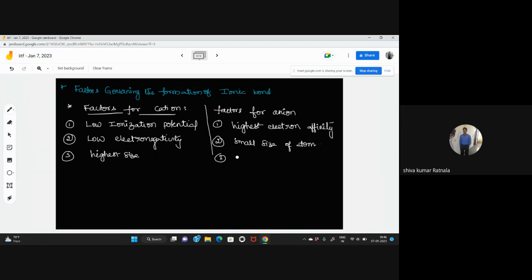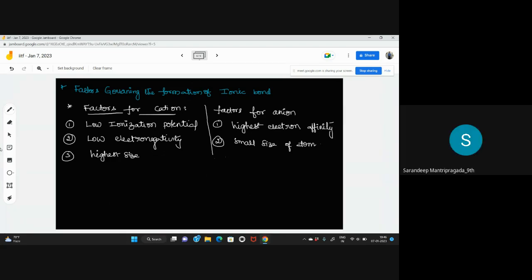So these parameters affect the formation of cation and anion. The greater the formation of cation and anion, the greater is the formation of ionic bond.